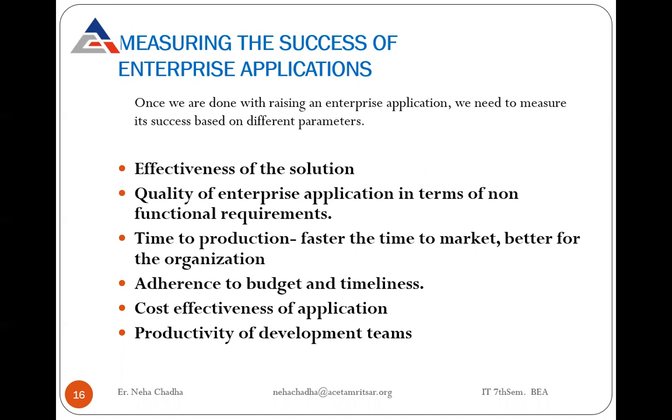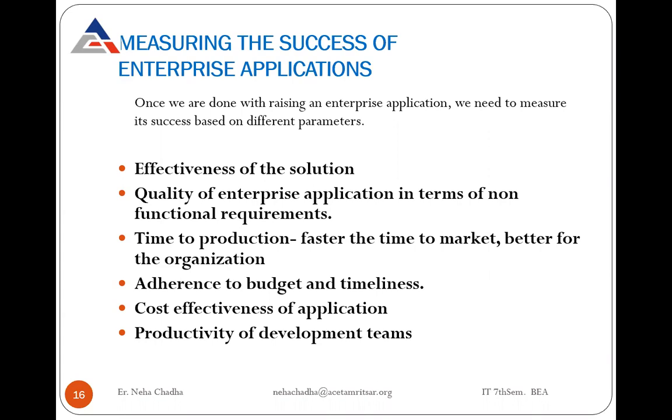That means the solution that you have found should be effective. Then the quality of the enterprise application in terms of non-functional requirements. You may still be confused about the difference between functional and non-functional. There is a terminology called non-functional requirement, which we will study later. We will just consider here a single term, that is, quality of the enterprise application. First, the solution should be effective, and it should be quality oriented.